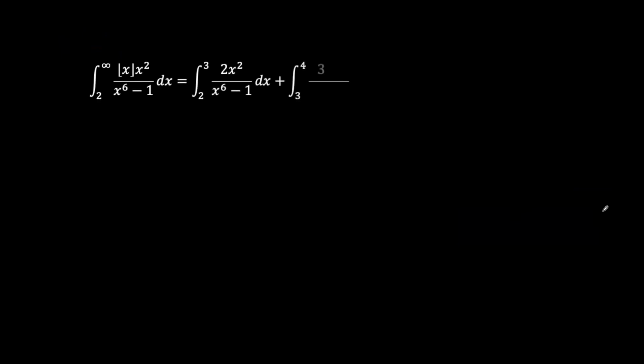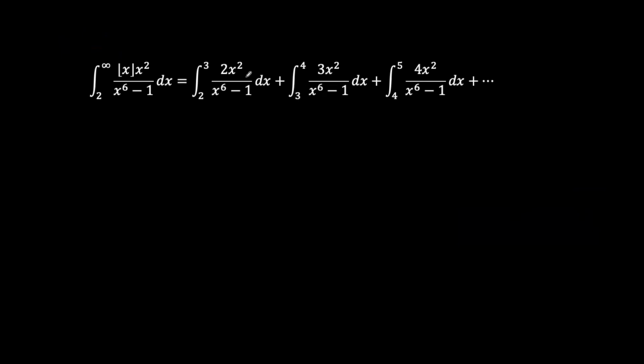Now, for our problem here, if we have the integral from x equals 2 to infinity of the floor function of x times x squared over x to the power 6 minus 1, that's the same as the integral from 2 to 3, when at that point the floor function is 2, so 2x squared over x to the power 6 minus 1, plus the integral from 3 to 4.